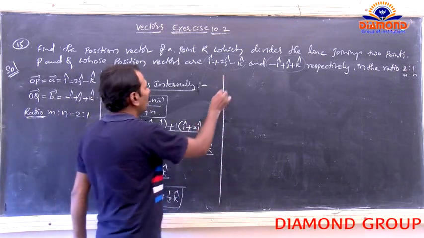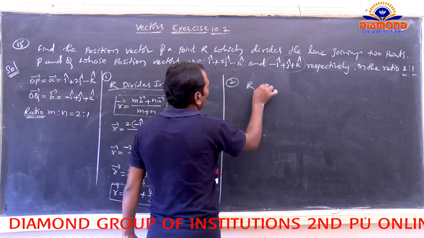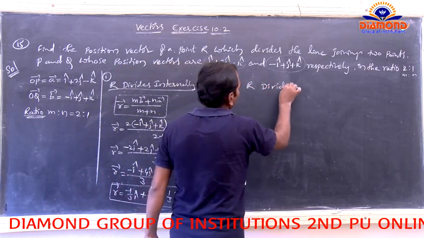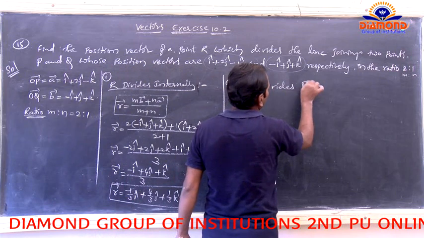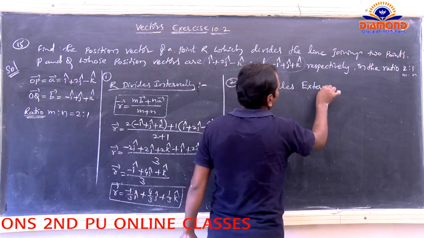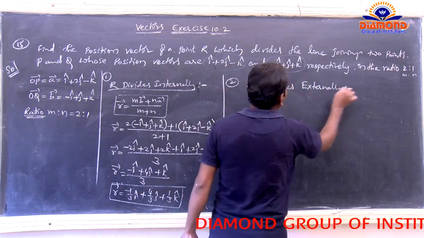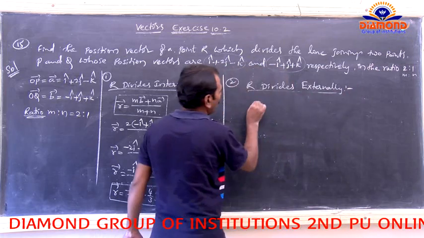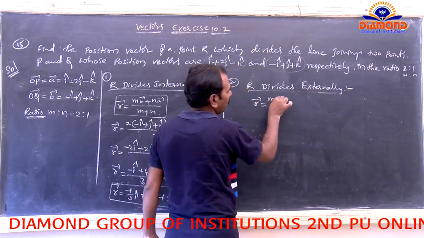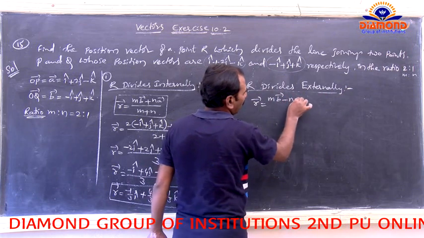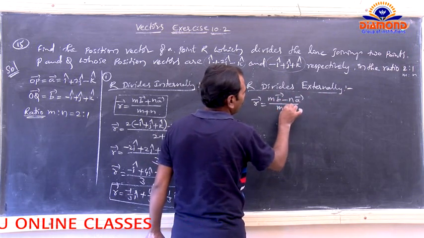Next, second, R divides externally. So simple. R bar equal to formula m b bar minus n a bar divided by m minus n.